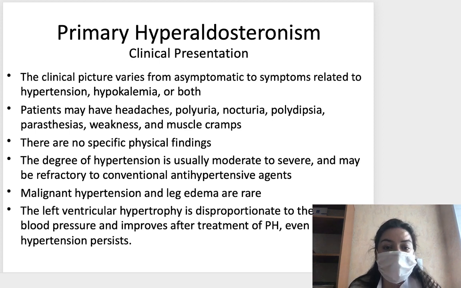The degree of hypertension is usually moderate to severe and may be refractory to conventional antihypertensive agents. Malignant hypertension and leg edema are rare. The left ventricular hypertrophy is disproportionate to the blood pressure and improves after treatment of primary hyperaldosteronism, even if hypertension persists.